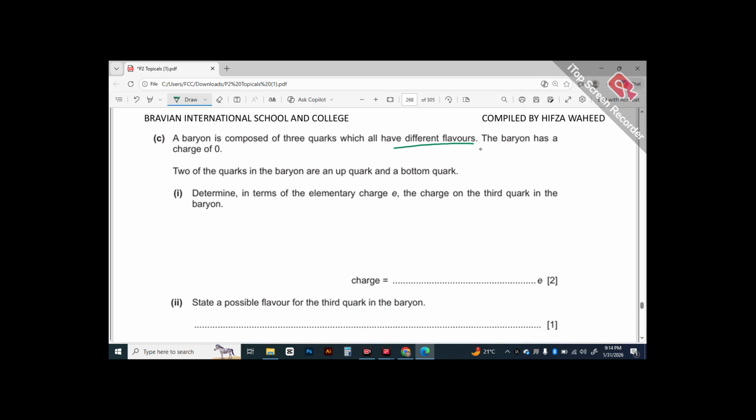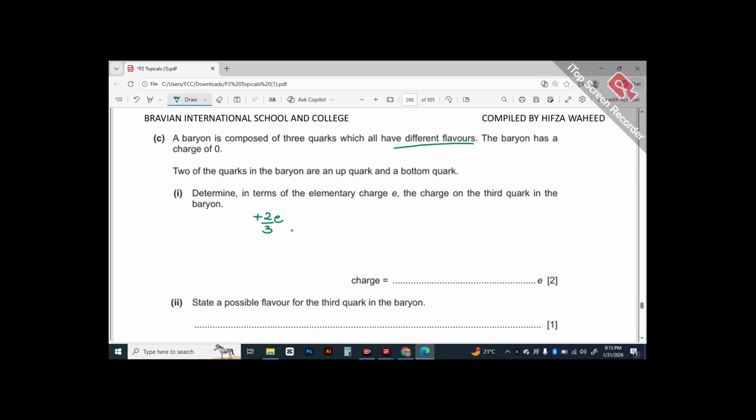The baryon has a charge of 0. That is, the sum of the charges of 3 quarks should give us 0. 2 of the quarks in the baryons are 1 up quark and 1 bottom quark. For the third, they are asking us for the charge value. They've said 1 up quark. Up quark has a value of plus 2 by 3 elementary charge.